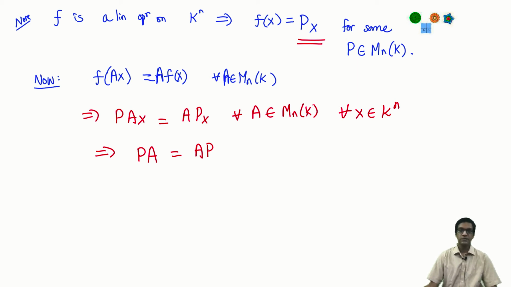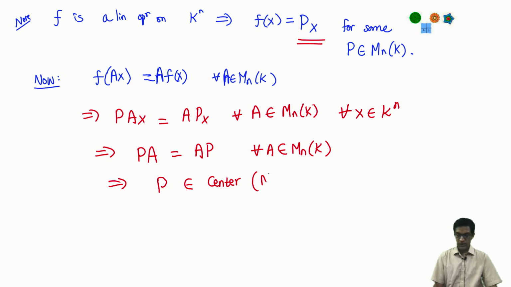One way of seeing it is by multiplying by the standard basis vectors, which give you each column of the product. So I've concluded that P must commute with the matrix A, for every A in M_n(K). In other words, this matrix P is extremely special. It commutes with every matrix, so it belongs to what's called the center of this ring. The center of a ring is just the set of elements of the ring which commute with all elements of the ring.